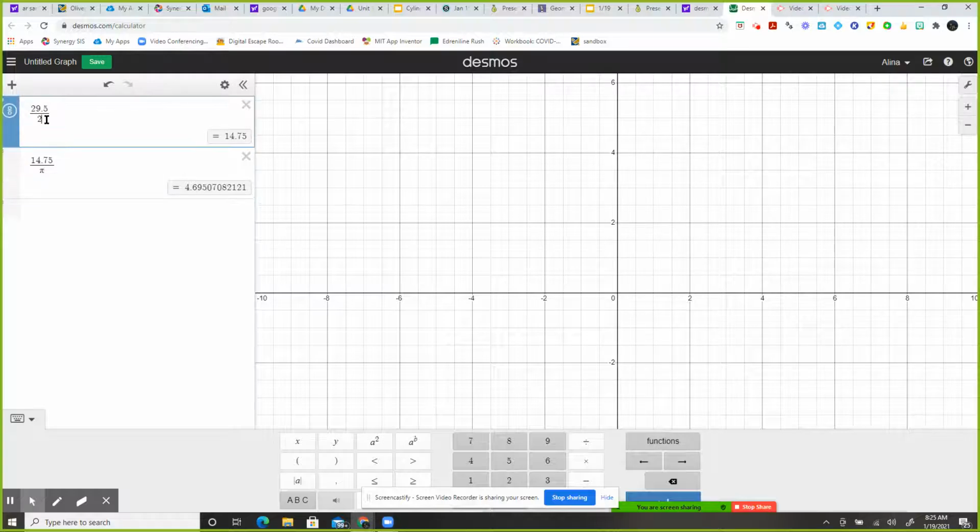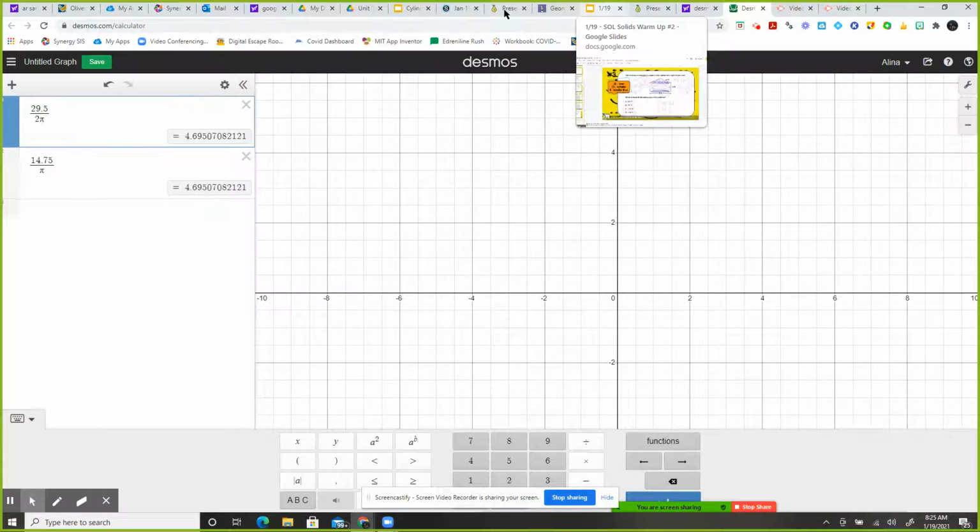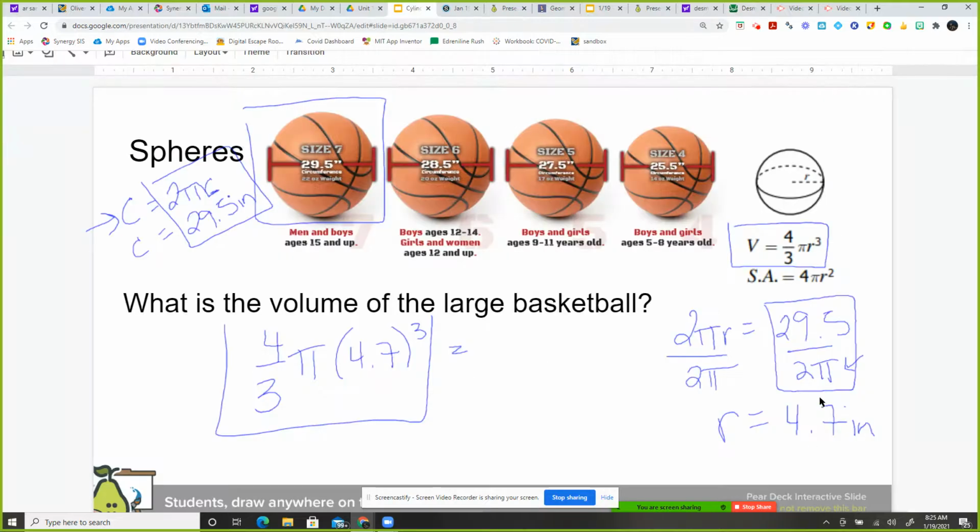Or you could just put the pi right in there. Because it's 2 pi r, and we want to get the r by itself, you have to divide by 2 pi.